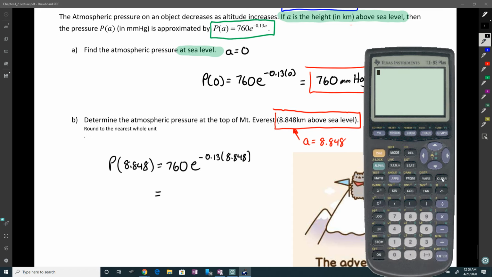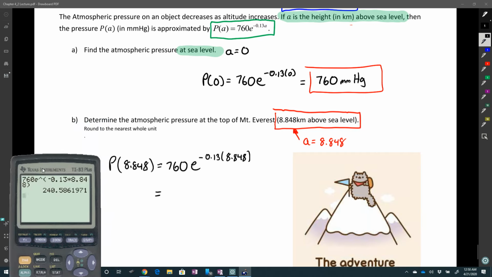So if they give you a non-money related problem, they're going to give you the formula. And all you got to do in this section is plug it in. We haven't gotten to where you're solving them yet. Okay, so make sure I typed it in right. So 240, round to the nearest whole unit.